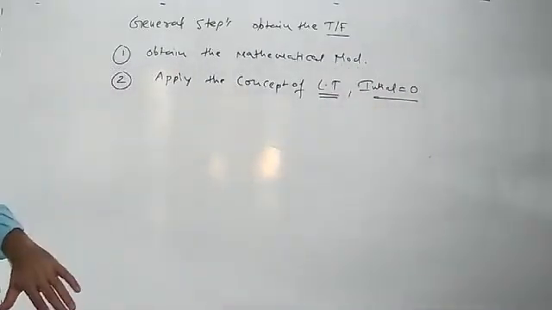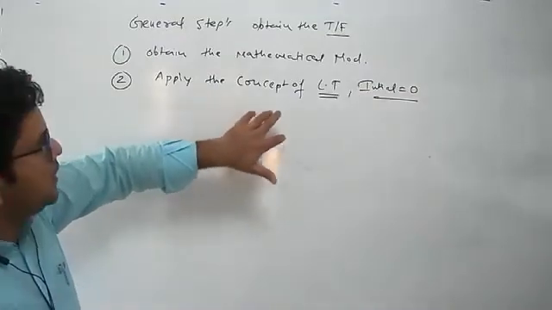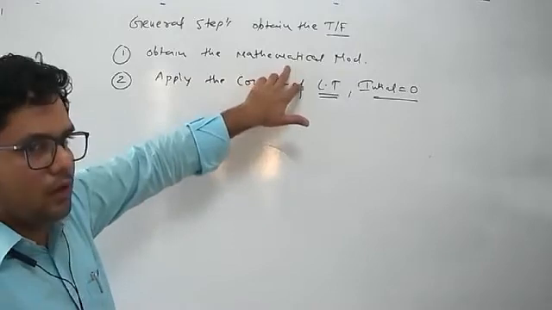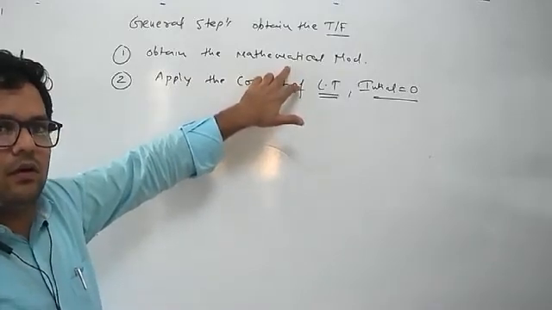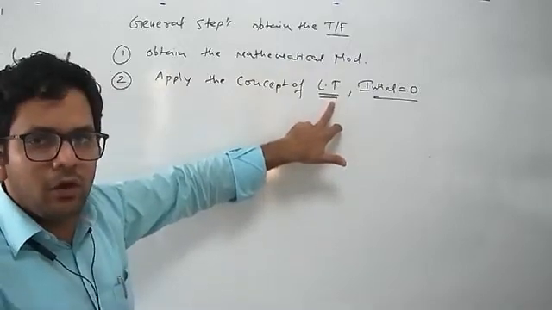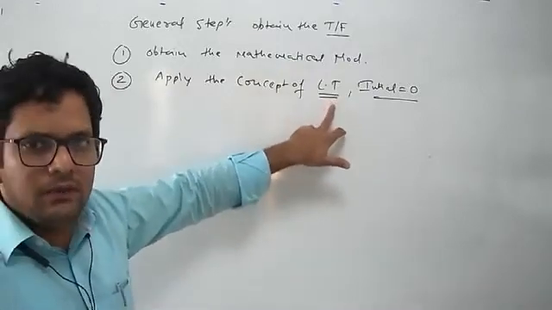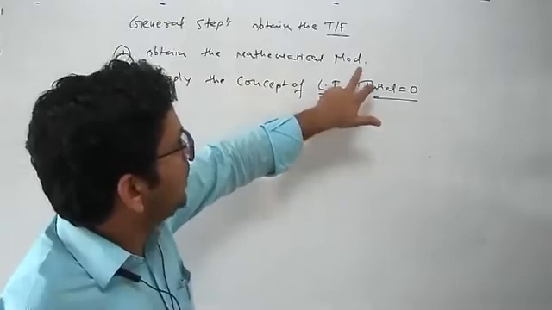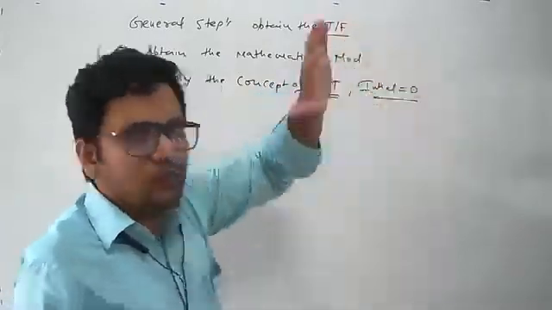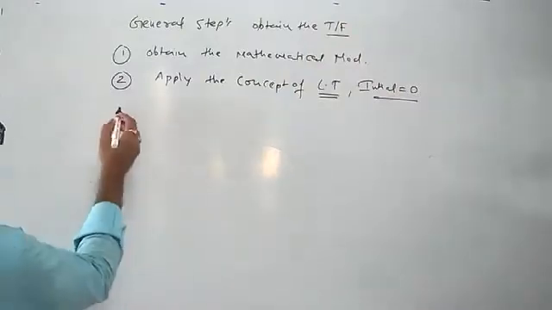Whatever mathematical equations we have from step number one, to those equations we apply the Laplace transform by assuming all initial conditions to be zero, and basically we convert the mathematical modeling of our given physical electrical system from time domain to frequency domain.